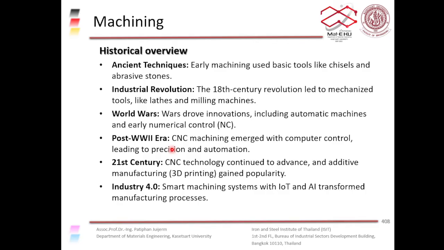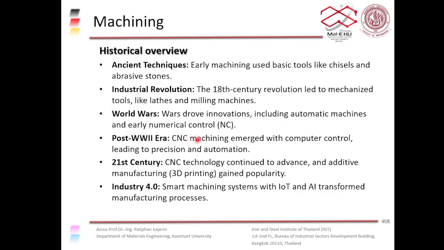The CNC machine is sort of like an automatic machine that couple the machining tools with computer to control the machine too. So you can just program it in and then just leave it to do its job. So because of the CNC machine or computer numerical control machine, we start to get some automation and we start to get good precision because we don't have to rely on human, which come with human error.